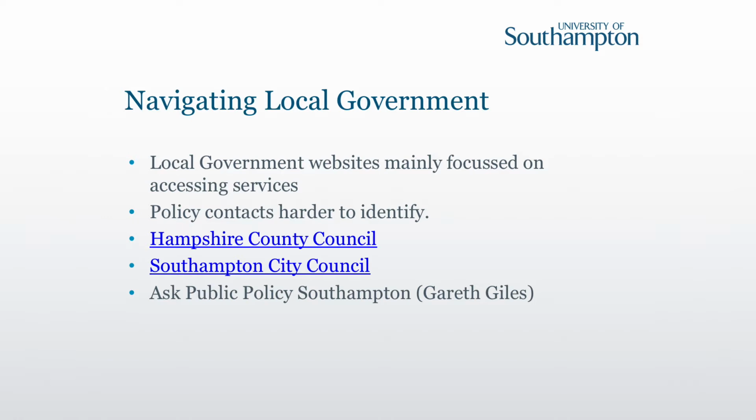These are the people who deliver adult social care. These are the people who deliver education in the area. Many of you will know that the air quality, for example, in Southampton is really poor, and a consultation closed yesterday or the day before about that. So the university's experts in air quality have been working with the City Council, thinking about the issues and what to do afterwards. So there are things that you can do with local government.